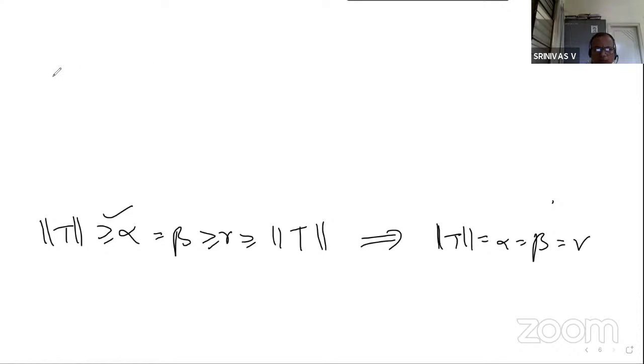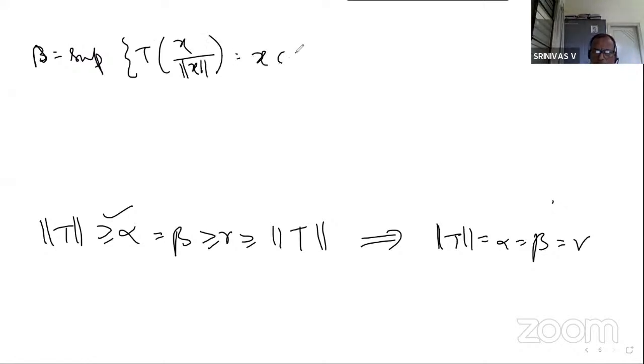We are considering beta, which is equal to the supremum of norm of T of x by norm x, such that x belongs to N and x is non-zero.